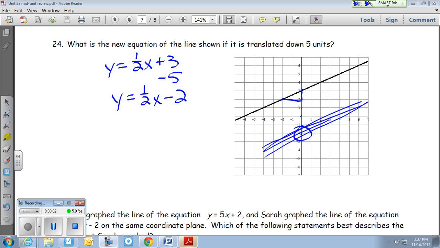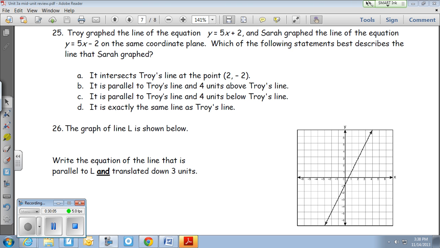All right, number 25. Troy graphed the line of the equation y equals 5x plus 2. Sarah graphed the line of the equation y equals 5x minus 2 on the same coordinate plane. Which of the following statements best describes the line that Sarah graphed? If you look at the equation, the only thing that's different is the y-intercepts.